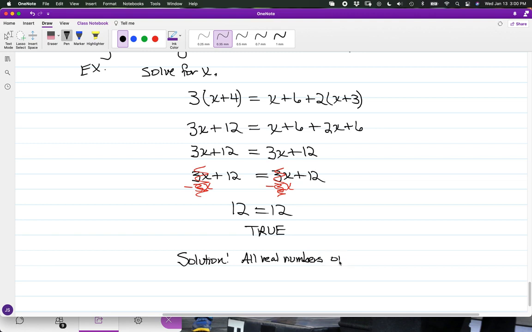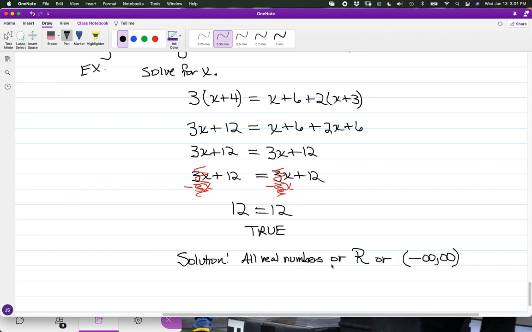Or you can also symbolically write it with just the capital R in reference to all real numbers. And probably the most common notation we'll be looking into will be interval notation, just like those numbers running between negative and positive infinity. So these are three different ways of saying the exact same thing.